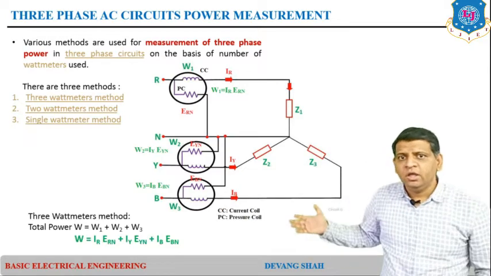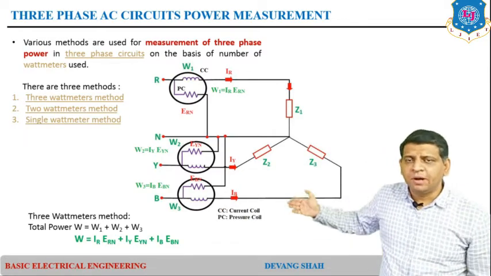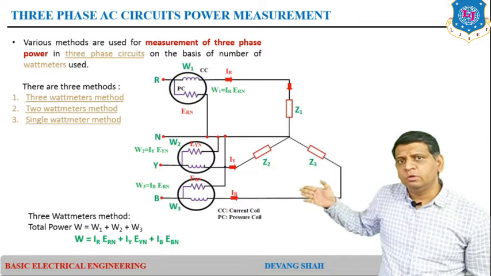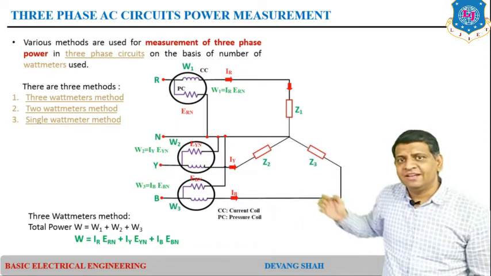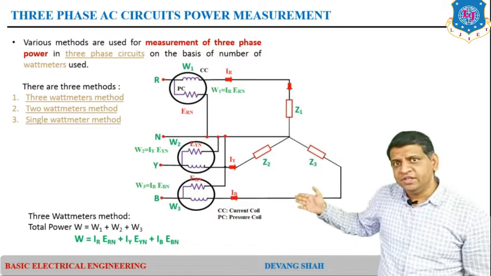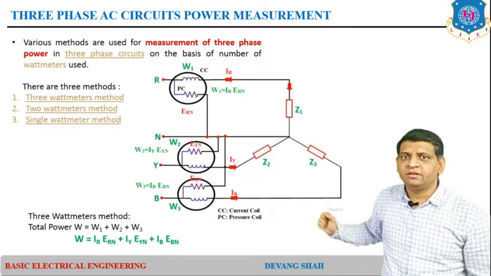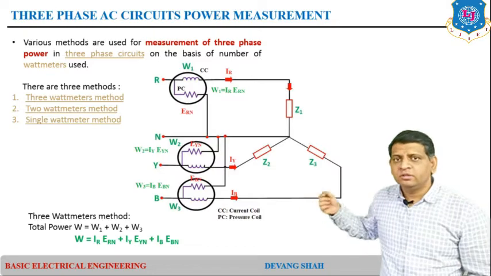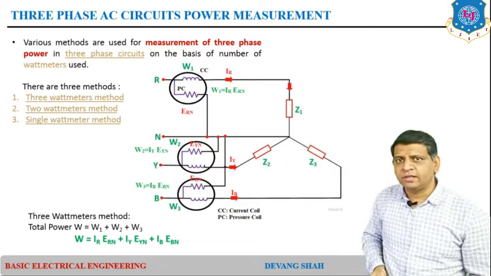So the total power W is equal to W1 plus W2 plus W3, which is equal to IR into ERN plus IY into EYN plus IB into EBN. Remember this equation. This is referred to as the 3 wattmeter method.